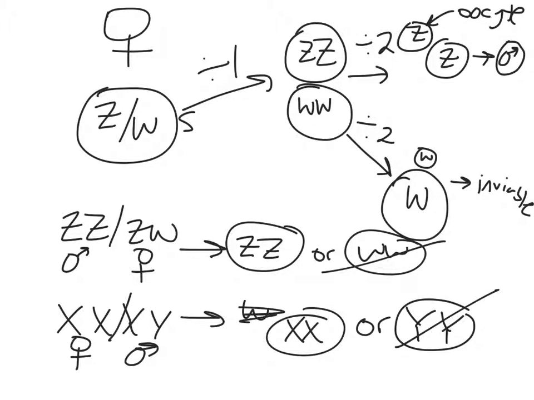So the WW is likely the same in the ZW, ZZ systems. So you produce males if you're a ZZ sex chromosome species, or you produce females if you're an XX, XY sex chromosome species.